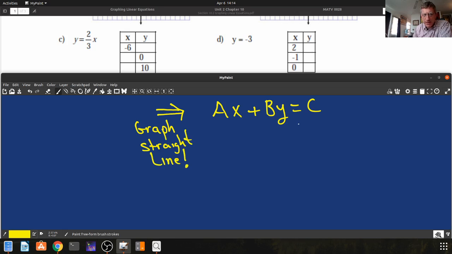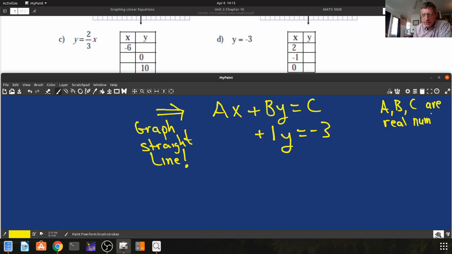But here I'm given that y is equal to minus 3. So what I wrote there, y is equal to minus 3, corresponds to problem 1D. So that means my b is equal to 1. So let's remind ourselves a, b, and c are real number constants.